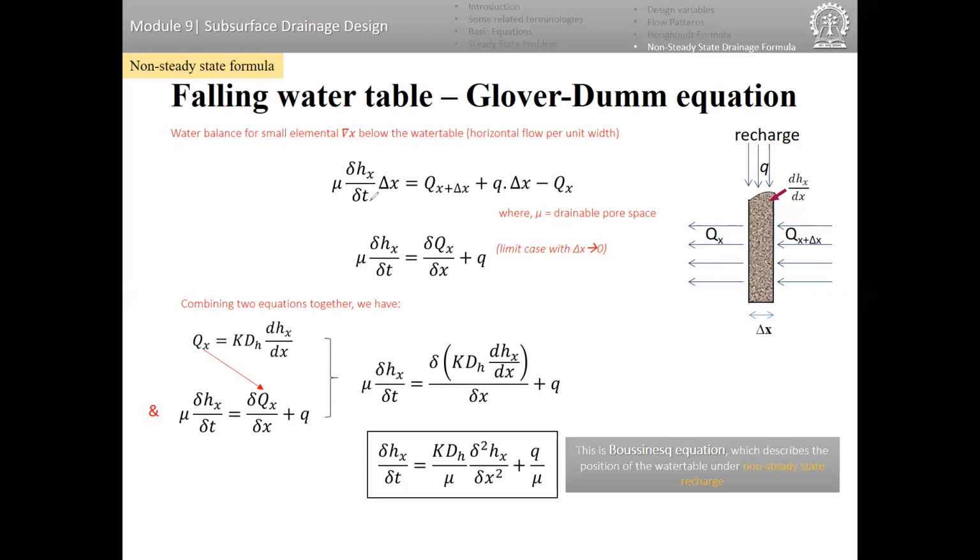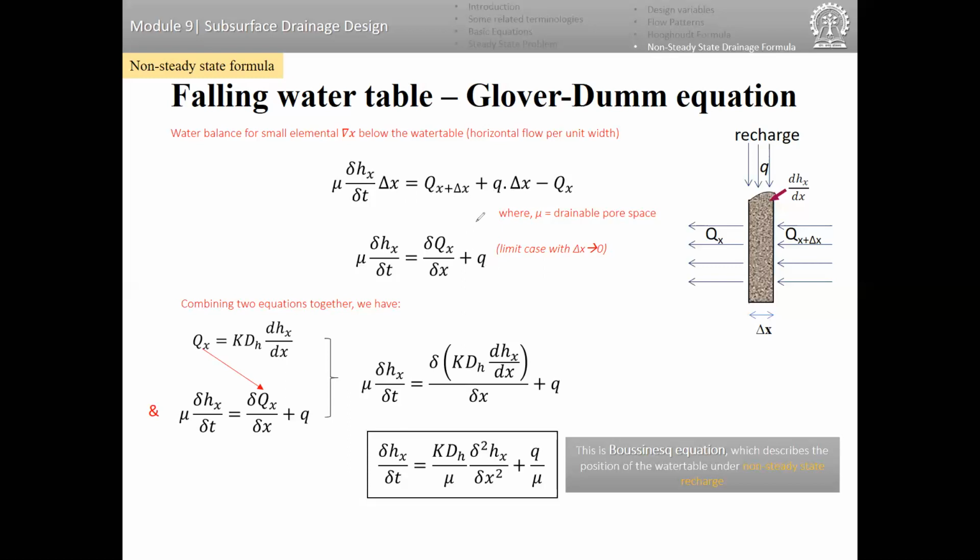So this is one equation, and we can rearrange it this way: mu dHx by dt is equal to Qx plus delta x minus Qx by delta x, which is dQx by dx, plus q.